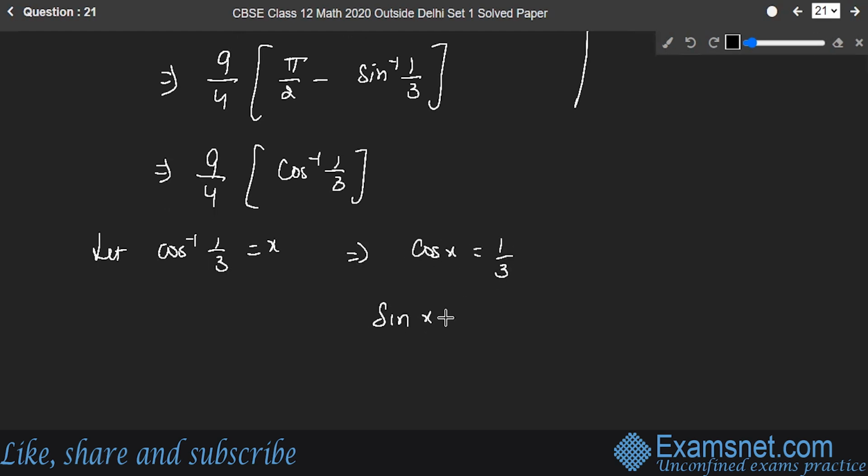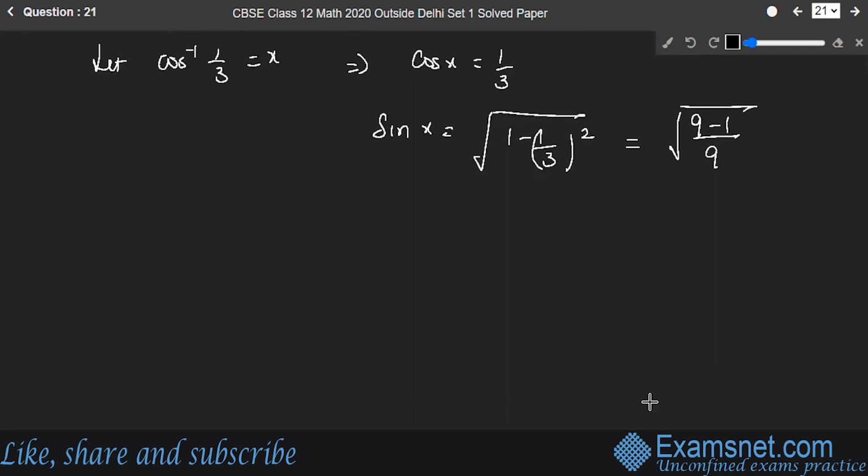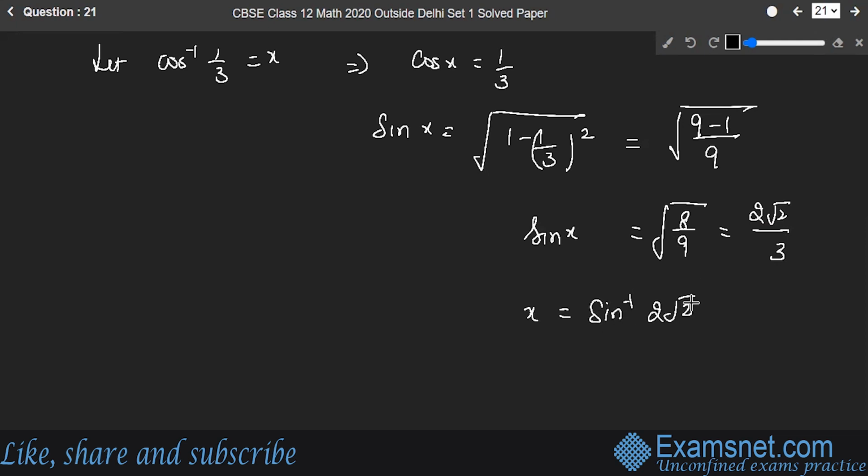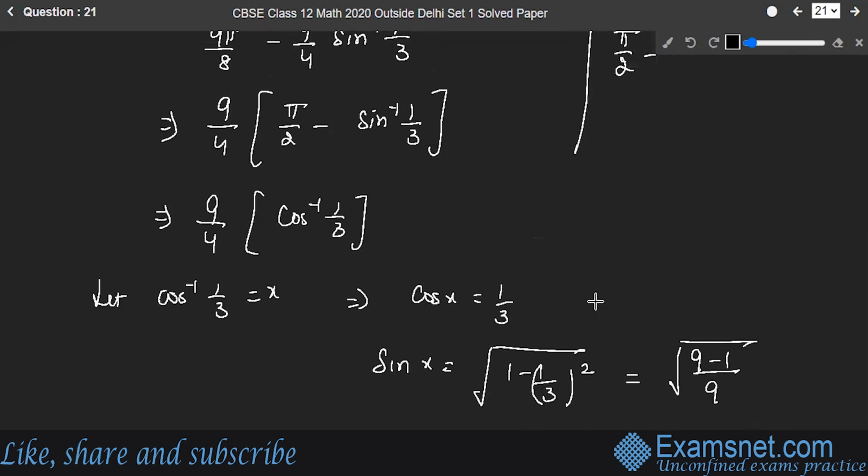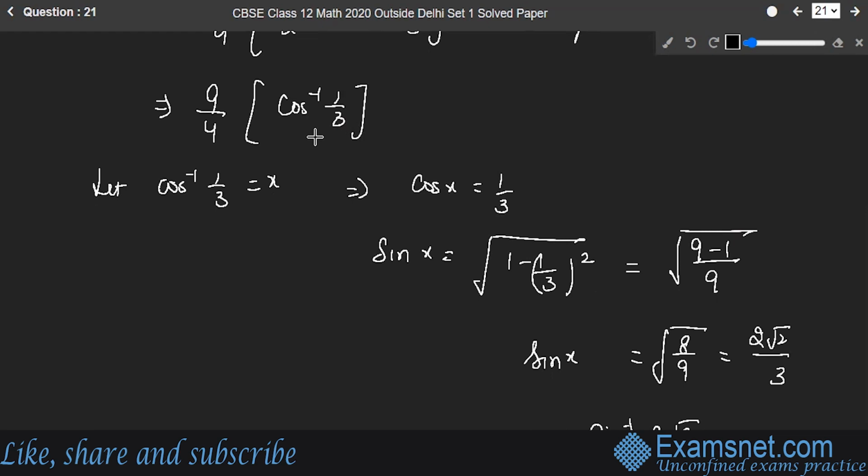If cos x is 1/3, sin x will be equal to √(1 − (1/3)²), which is √((9 − 1)/9), which is √8/3, that is 2√2/3, right? This is sin x, or x is equal to sin⁻¹ of this, correct? Fine. So let's put this back over here, in this equation in 1.